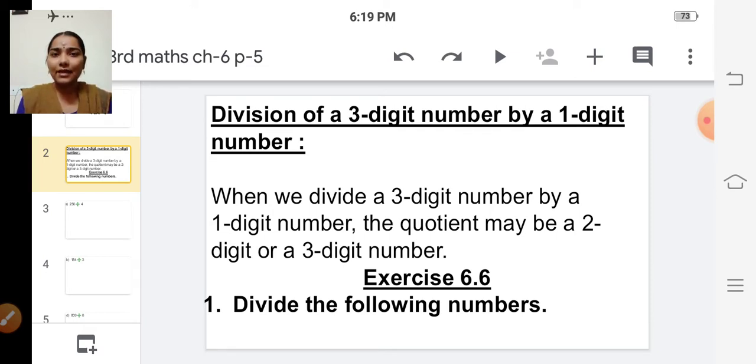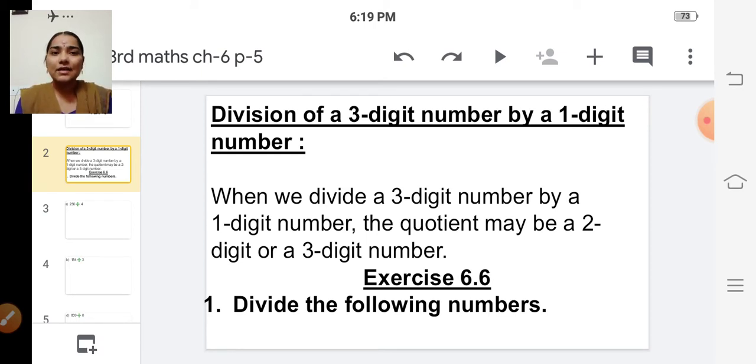See, when we divide a three-digit number by a one-digit number, the quotient may be a two-digit or a three-digit number. Okay? So, shall we divide?